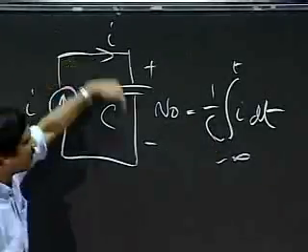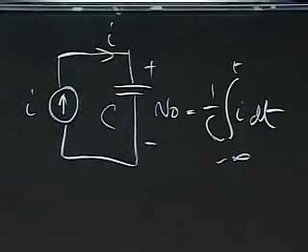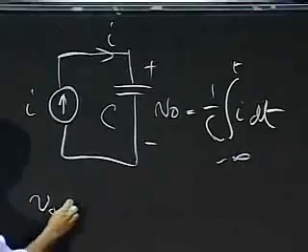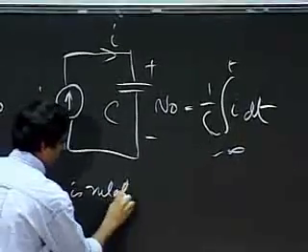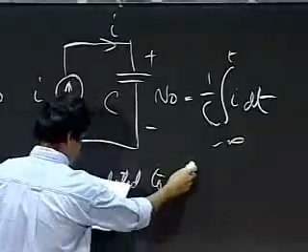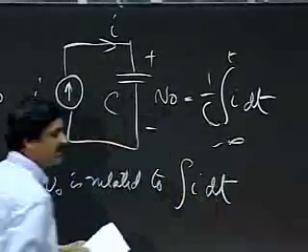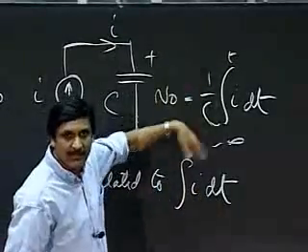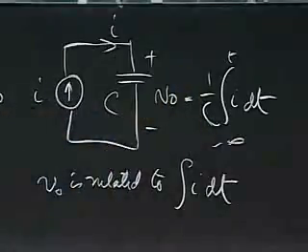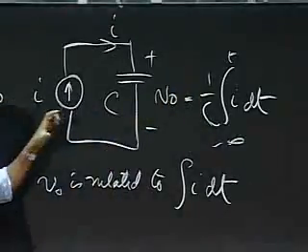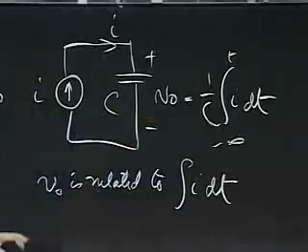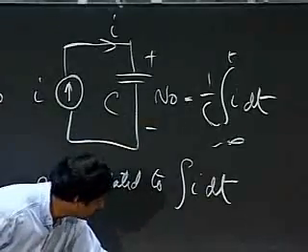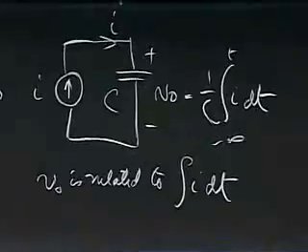So if I can pass the current through a capacitor, then the voltage across the capacitor is related to the integral of the current. I have some multiplying constants and so on. But fundamentally, what I found is that if I can stick a current through a capacitor, then the voltage across the capacitor relates to the integral of the current.